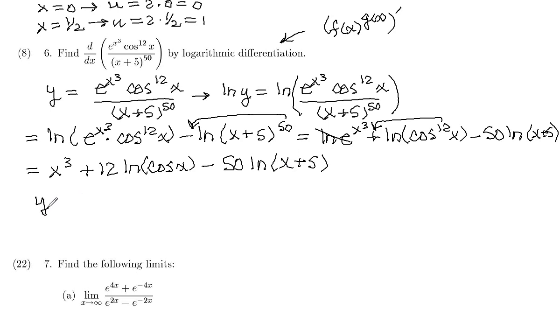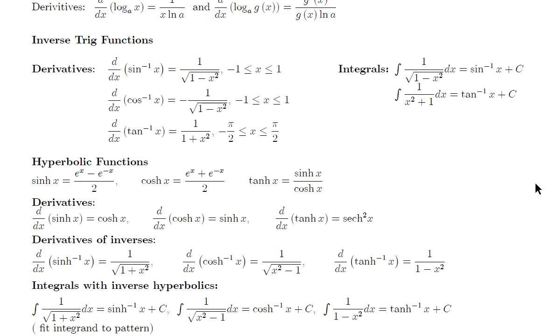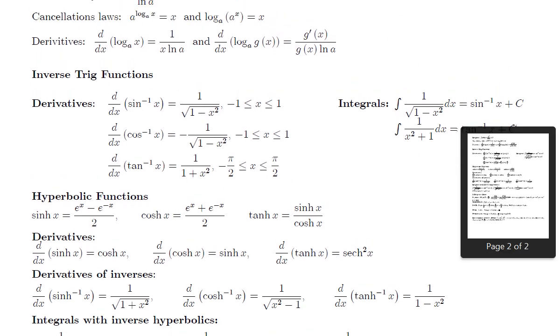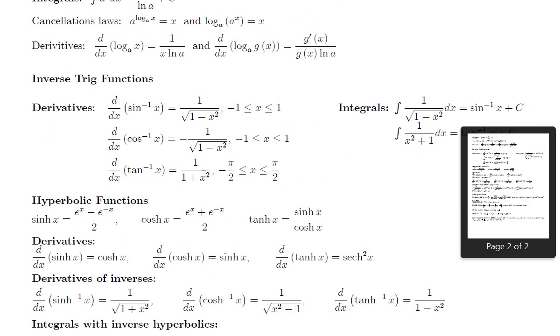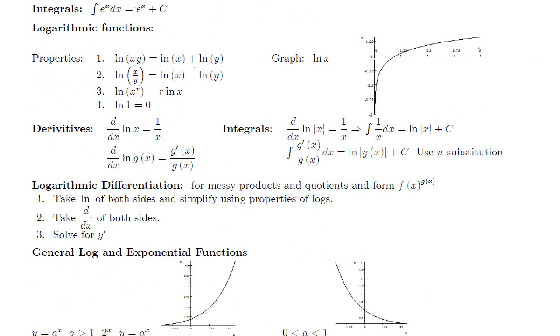Okay, so now our derivative on the left, the derivative of log y. Remember, if you take natural log of y and you do the derivative of that, this is log of a function, y is a function. So instead of g prime of x over g of x, remember if we go back to our formula sheet here, let's see, where are we here?